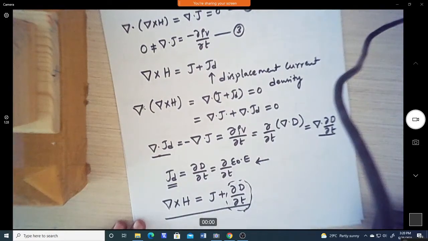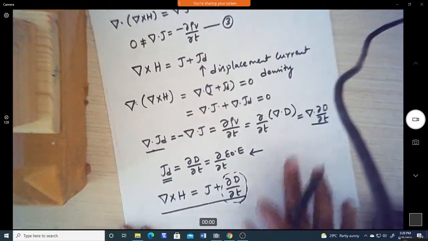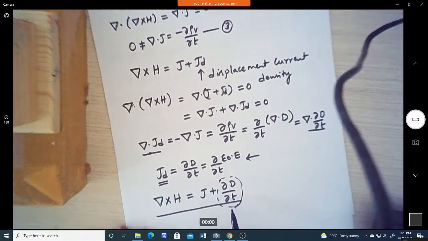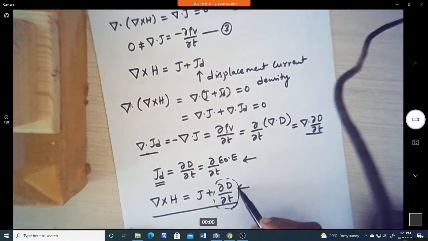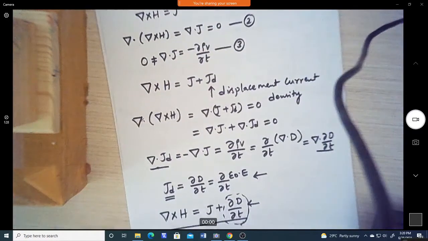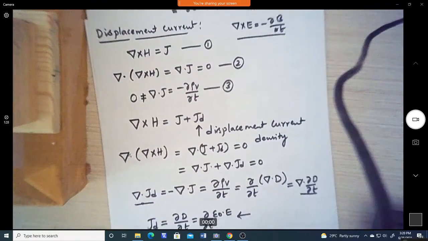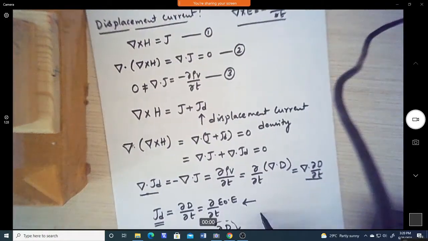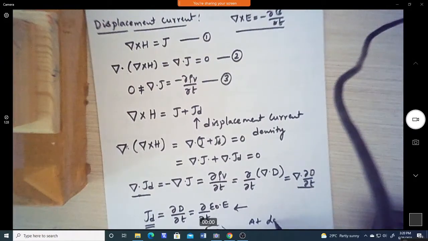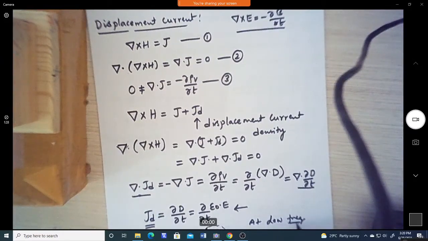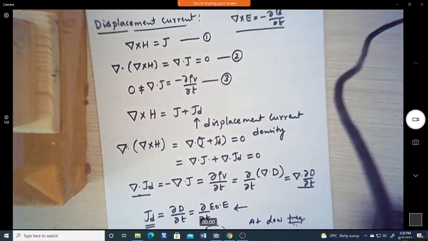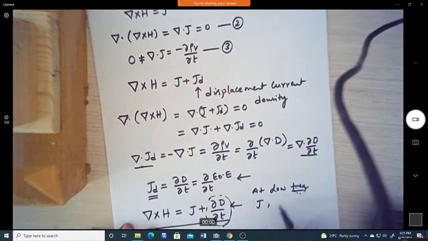Now regarding this displacement current, at the time when Maxwell derived it, high frequency sources were not available. At low frequency, the conduction current dominates the displacement current.